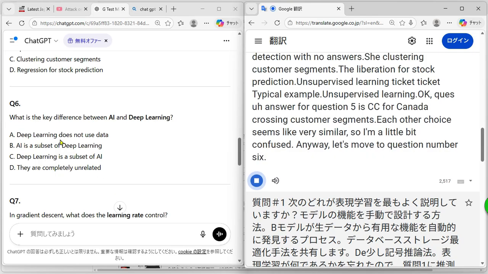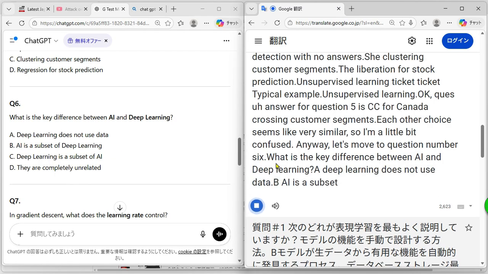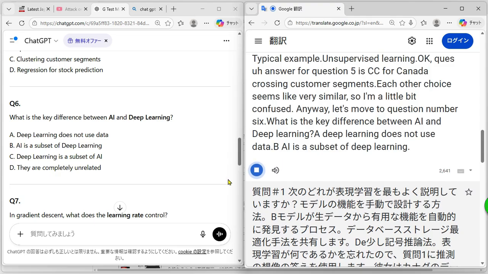What is the key difference between AI and deep learning? A. Deep learning does not use data. B. AI is a subset of deep learning. C. Deep learning is a subset of AI.